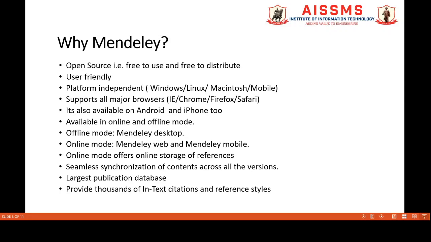Online mode offers online storage of all the references. That means it is the repository of all the references. It provides seamless synchronization of the content across all the versions, that is Mendeley desktop, Mendeley web, Mendeley mobile.